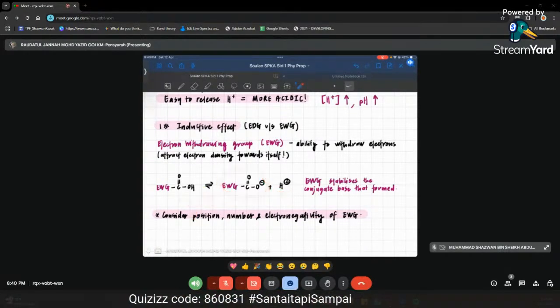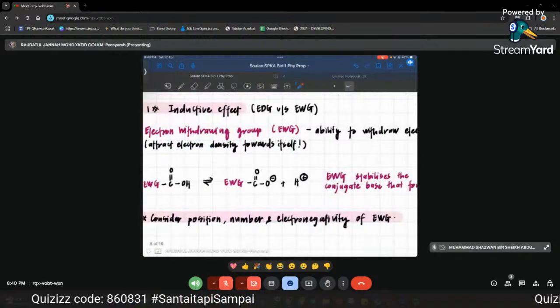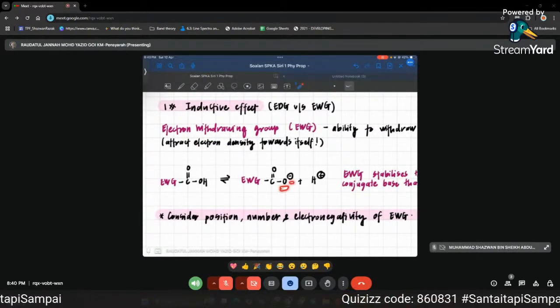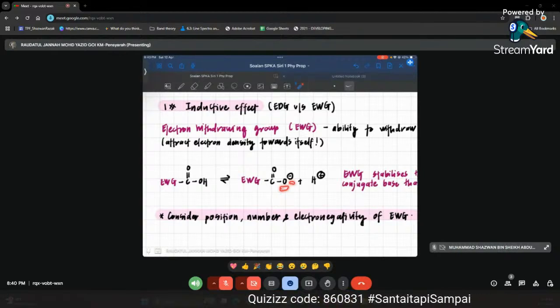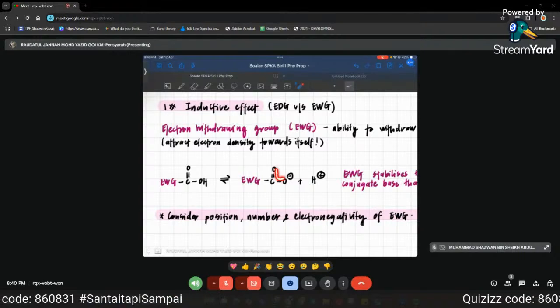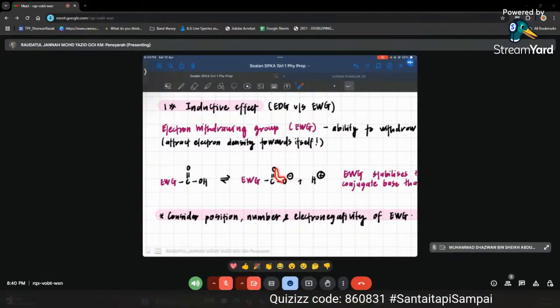Okay, and when you look at the structure of the carboxylate ion that we have here, you have oxygen with extra electrons here. You should know you will delocalize your electrons between the two oxygen atoms here. When you form the carboxylate ion, you delocalize your electron between two oxygen atoms.